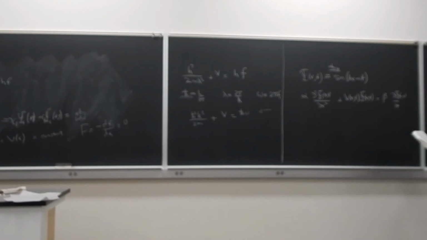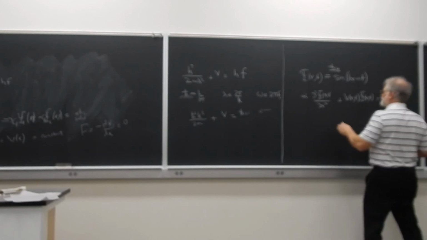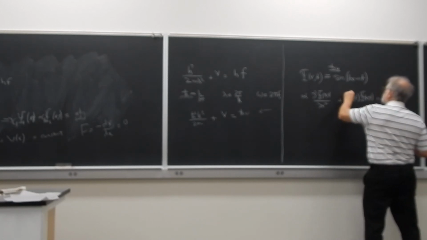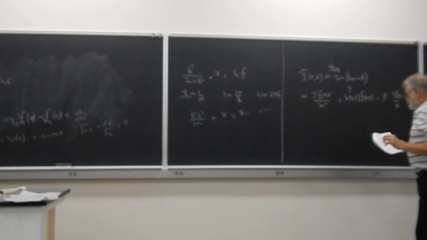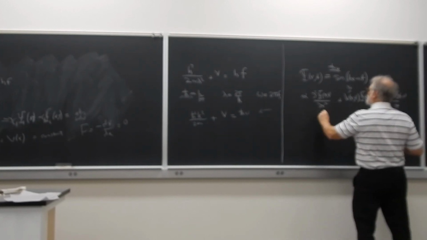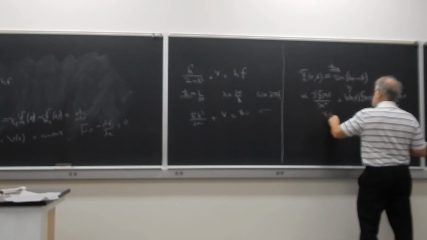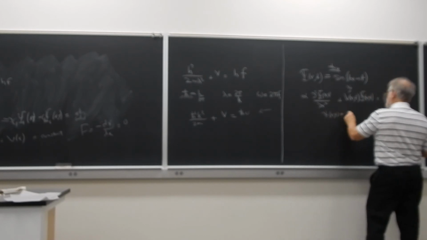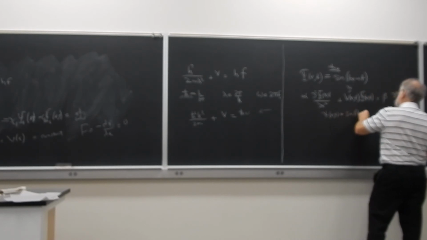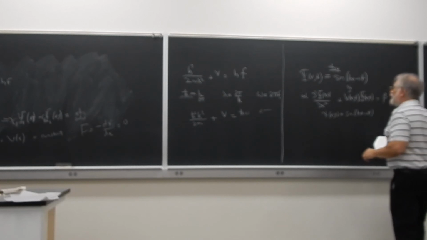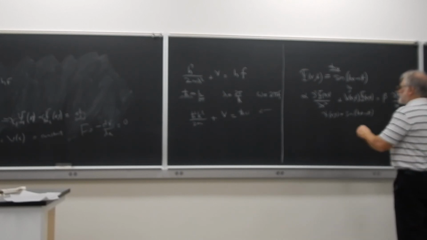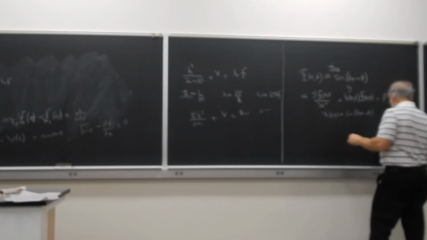Well, let's see if it works. First, let's make it easier. Let's set V equal to V naught. We'll make it a constant. And we'll use psi of x and t as sine(kx − ωt), a traveling wave moving to the right, or in the positive x direction. So if I operate on psi with this expression, what do I get?